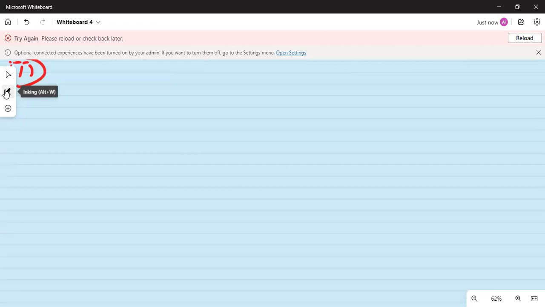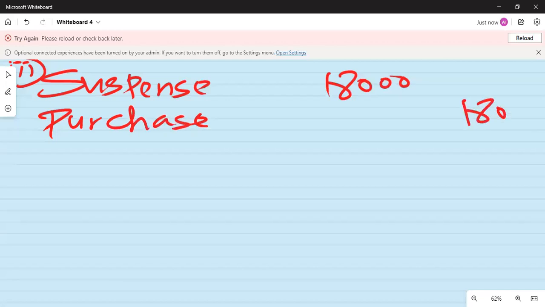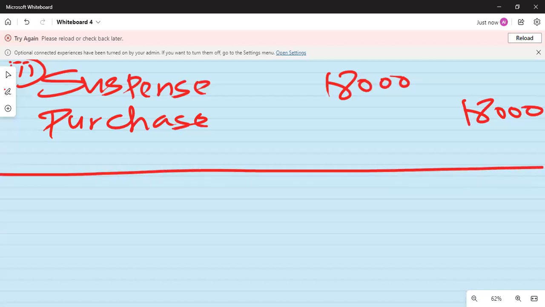If you want to reduce expenses, you credit. The suspense account will be debited with 18,000, while purchases will be credited with 18,000 naira. Then you put the narration as well.